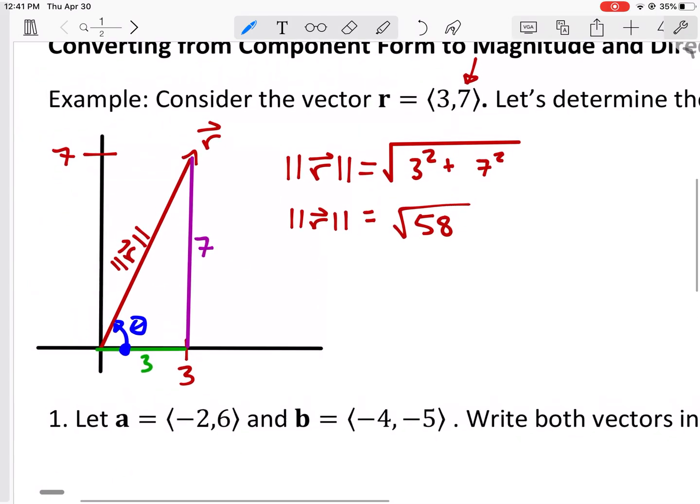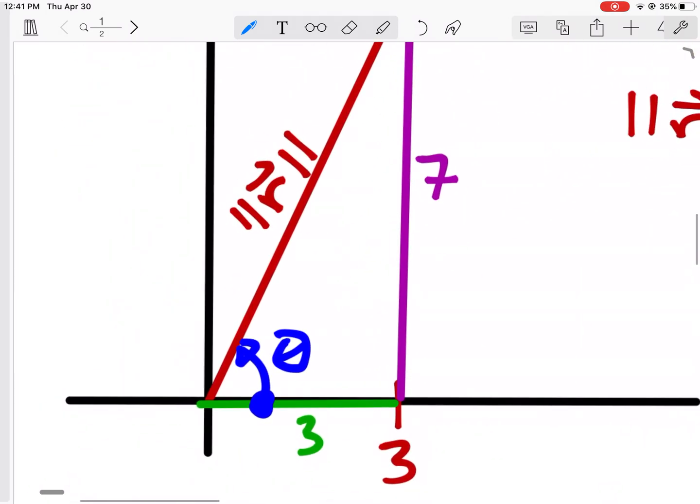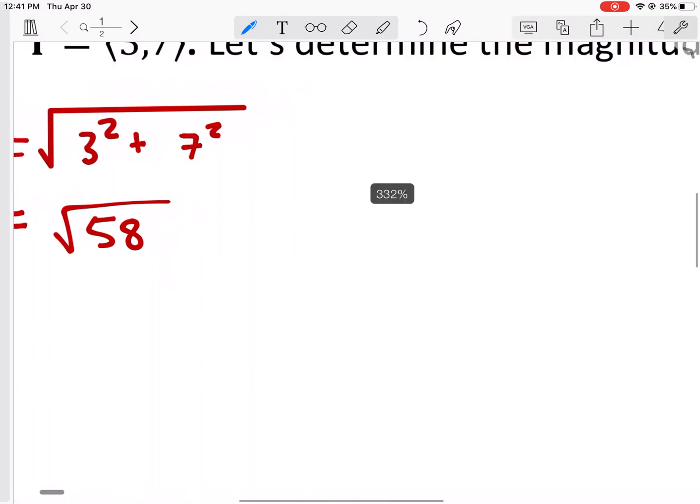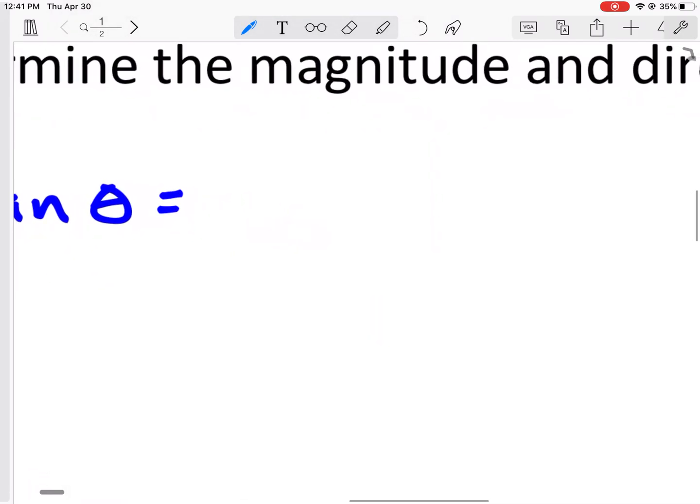Next, we need to figure out what the angle is. This angle should be really easy to find. We have the opposite and the adjacent sides of this triangle that was formed. Therefore, we can just use tangent. Tangent of our angle theta is equal to 7 over 3.